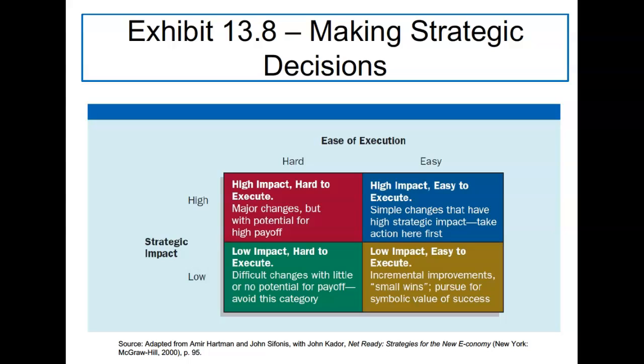And on the other side of the diagram, if you have a high degree of strategic impact and it's easy to implement, these are simple changes that have a high degree of impact, and you want to take action first. So depending on the initiative and how hard it is to execute, your strategy may change.